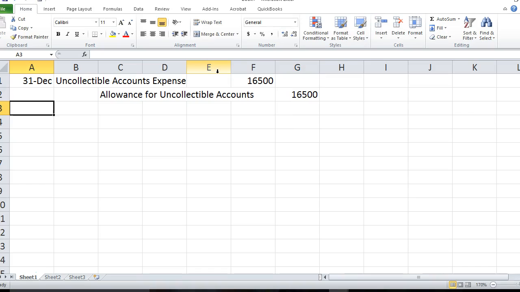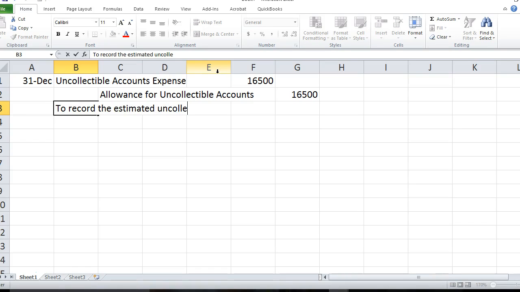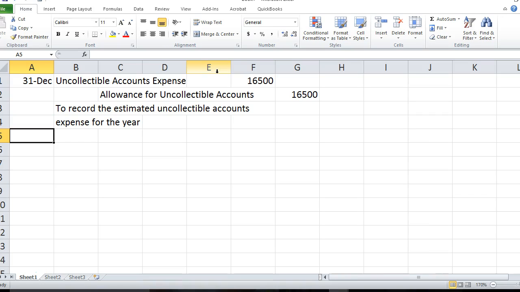So our uncollectible account expense shows up on our income statement as an expense. Our allowance for uncollectible accounts is going to offset our accounts receivable. So we find a real true value of our accounts receivable. Our explanation here is going to be to record the estimated uncollectible accounts expense for the year. Okay? Everyone got that so far?